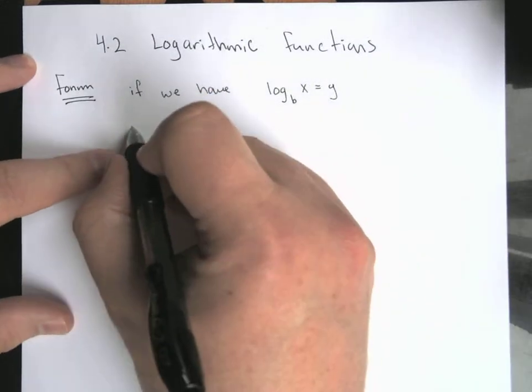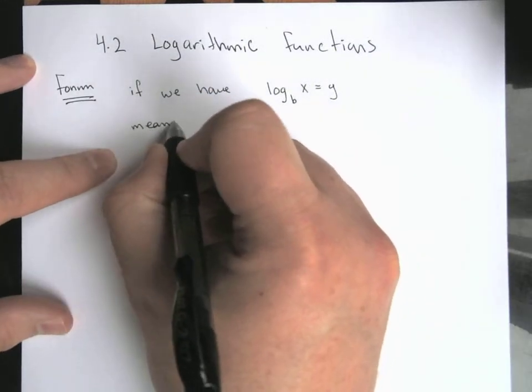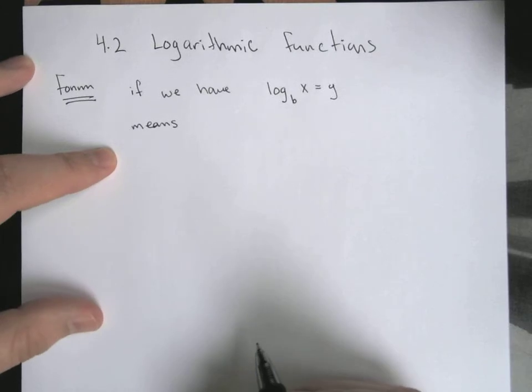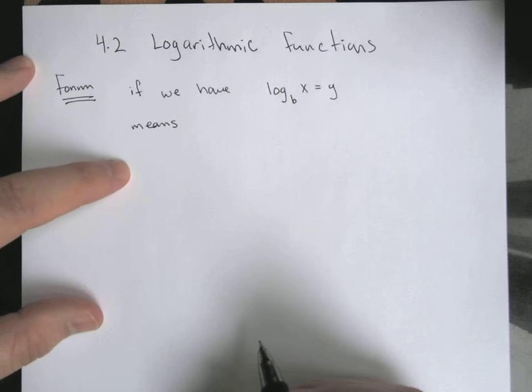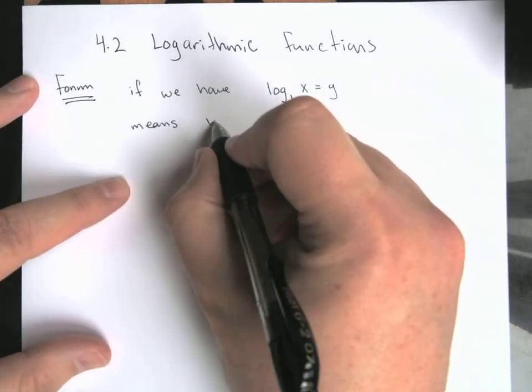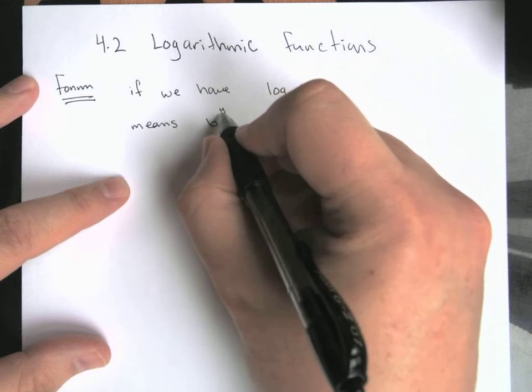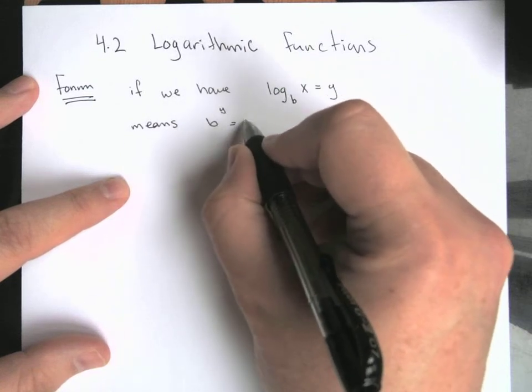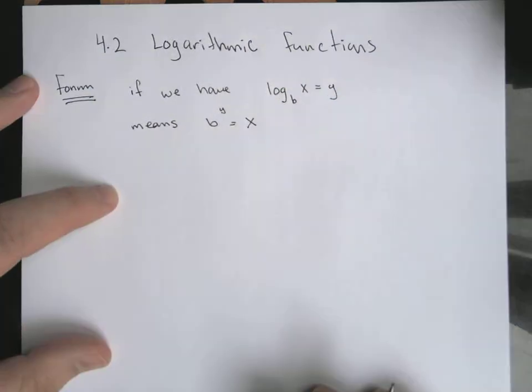So what this means as an exponential form is that if you take the base value b and raise it to the y, so the y value is your exponent, what you get back is the value x.